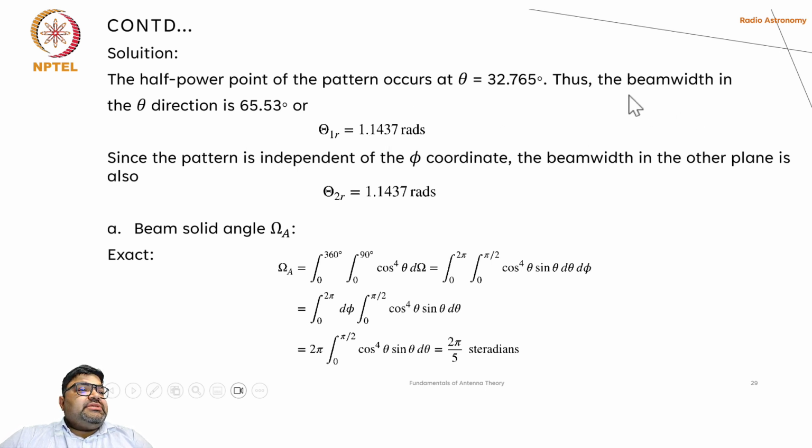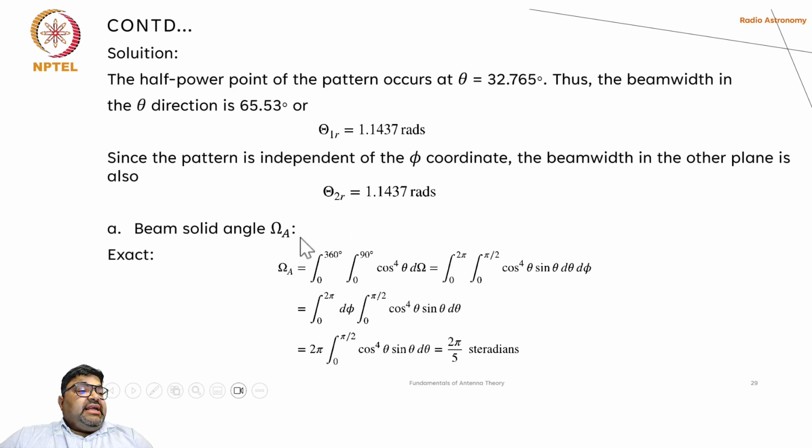Thus the beam width in the theta direction is 65.53 degrees, twice of this value. So theta 1r is given by 1.1437 radians, and the beam width for the other plane is also given by theta 2r, which is 1.1437 radians.